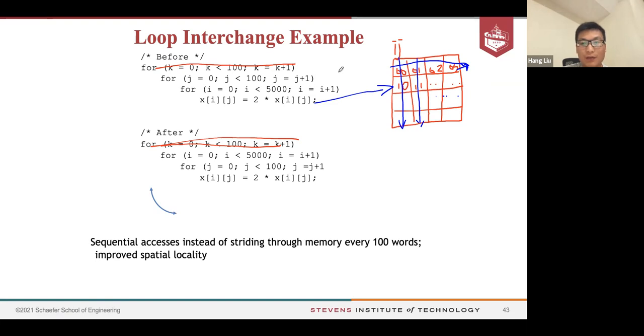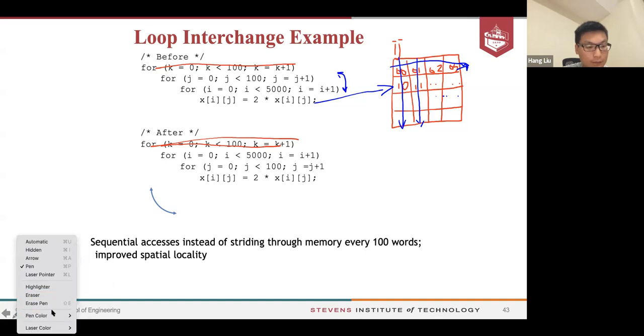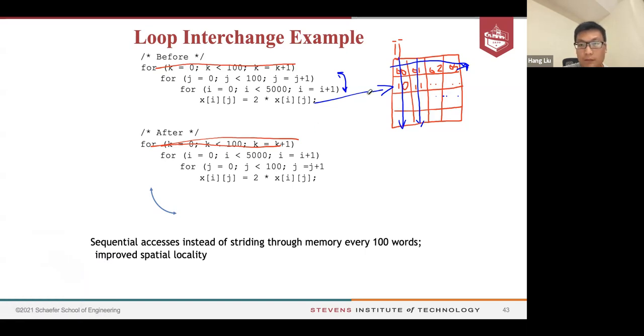So what we do is we swap it, so that we access row-wise.